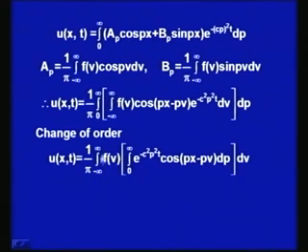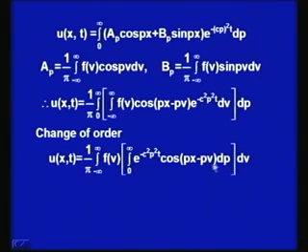I first get the integral from minus infinity to plus infinity with respect to v, and the second integral is with respect to p. Since f(v) does not contain any term of p, I am taking it out of the integral with respect to p. So, f(v) and then the remaining functions with respect to p, that is integral 0 to infinity e to the power minus c square p square t cos(px minus pv) dp.